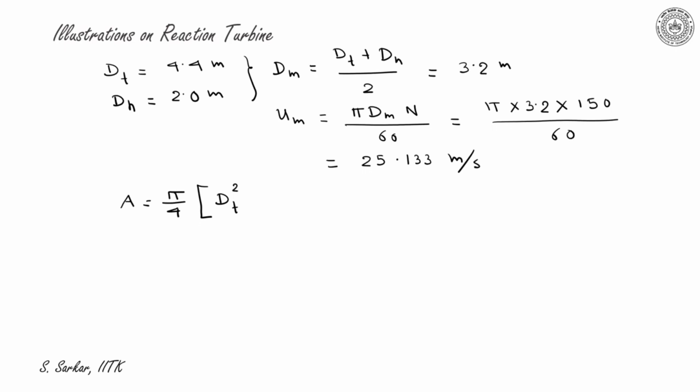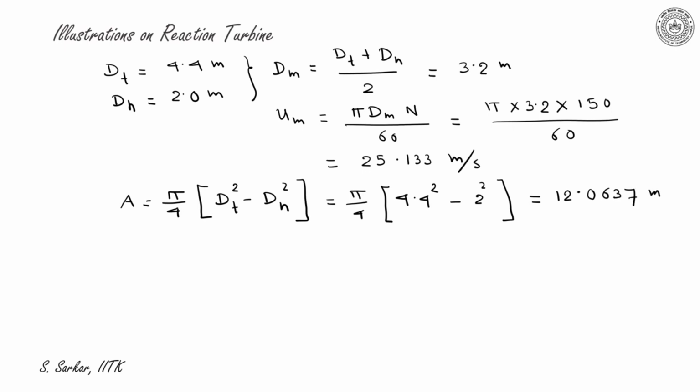Now, axial velocity Cz into A, annulus area, would be equal to Q. Thus from here, I can calculate Cz as Q by A, that would be 9.23 meter per second.